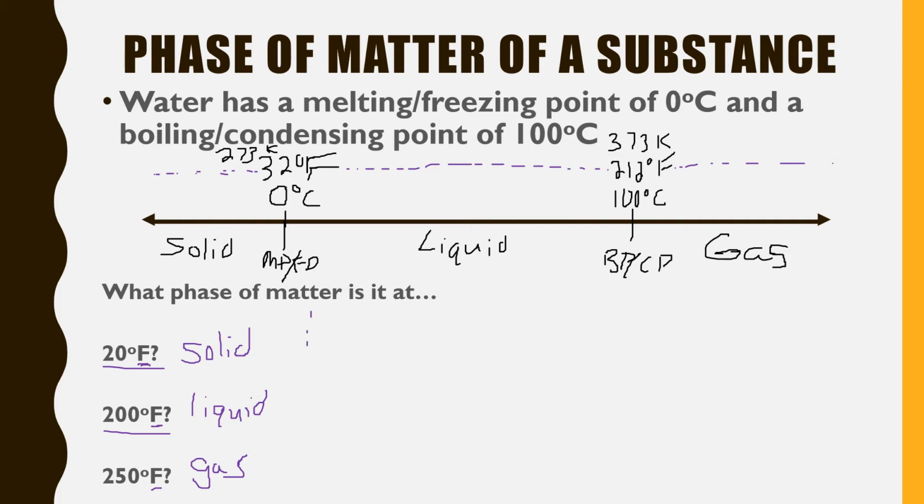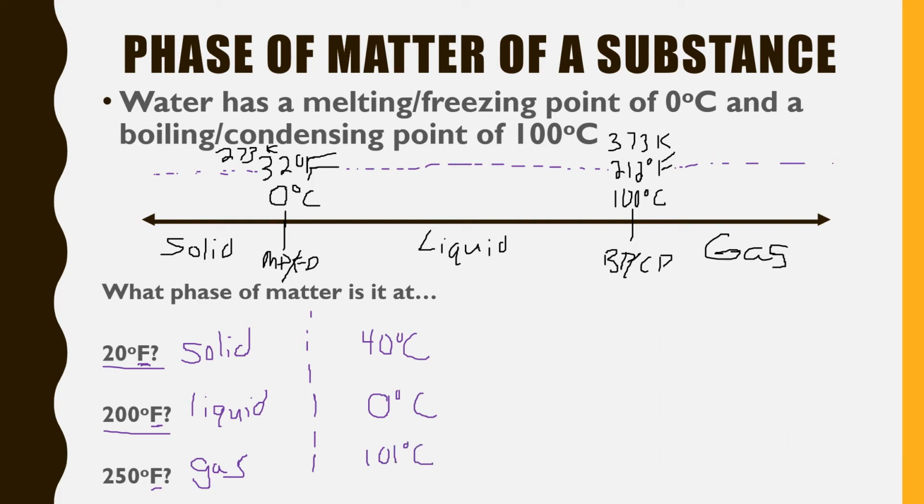But it's all relative. I could do the exact same thing with Celsius. Let's just pretend we had something at 40 degrees Celsius, something at 0 degrees Celsius, and then something at 101 degrees Celsius.